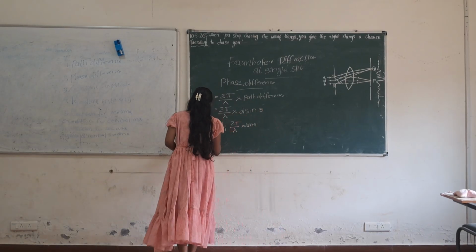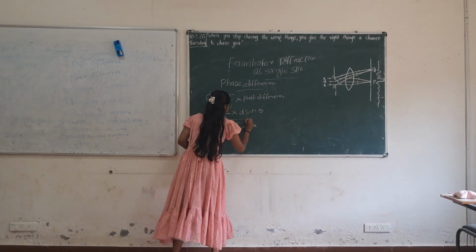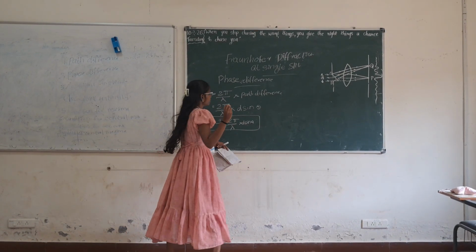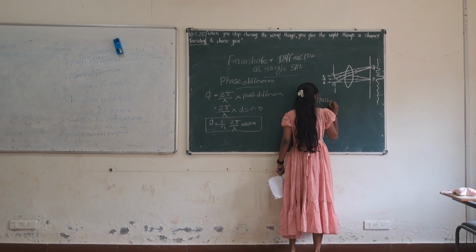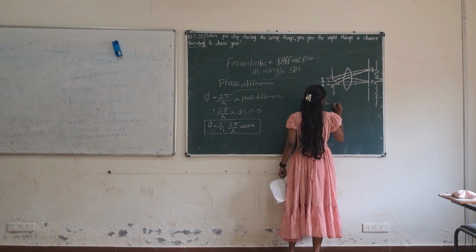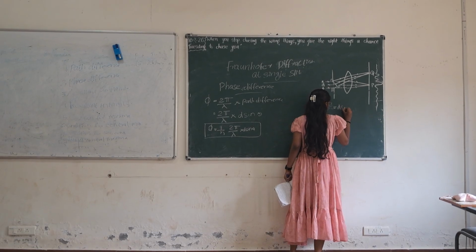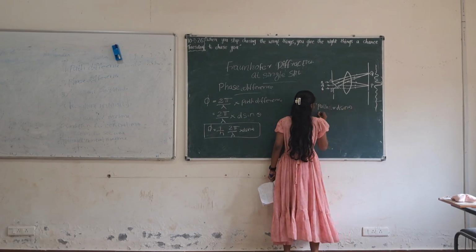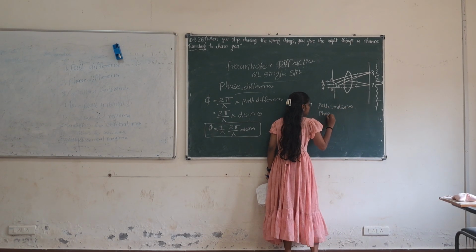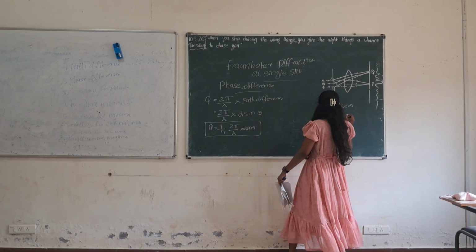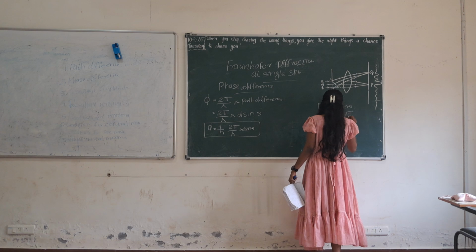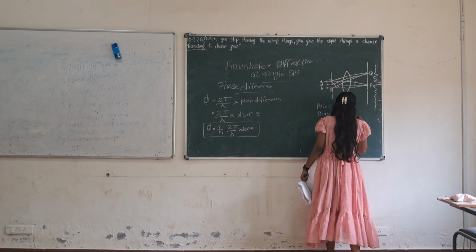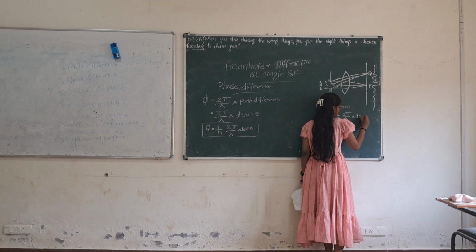This is the equation for phase difference. So the equation for path difference is d sin theta, and the phase difference is 1 by n into 2 pi by lambda into d sin theta.